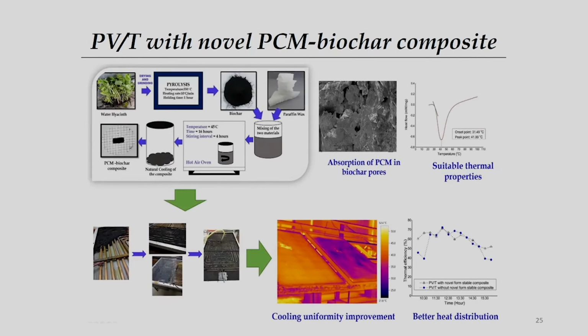Also, there is an emerging technology. If we develop some kind of substance which can provide uniform temperature and that too stable. Okay. So, that is a very good idea. So, already we have initiated this kind of work. The work is something like this: we have collected some kind of biomass.